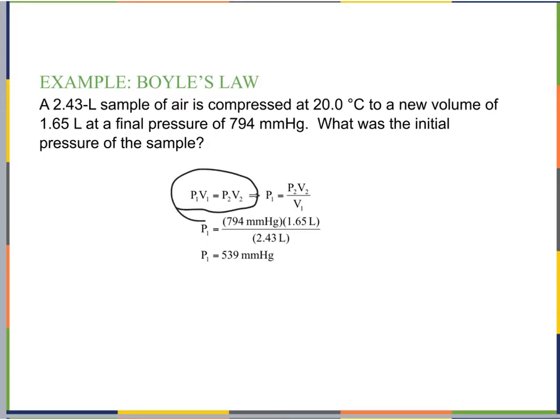P1 V1 equal P2 V2 means that if we know any of the 3, if we know P1, V1, and P2, we can find V2, right? If we know V1, P2, V2, we can find P1, and that's what's happening in this problem, okay? Again, you know that temperature and the amount are remaining constant.